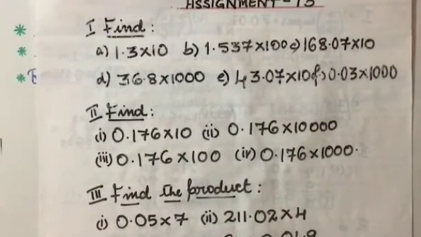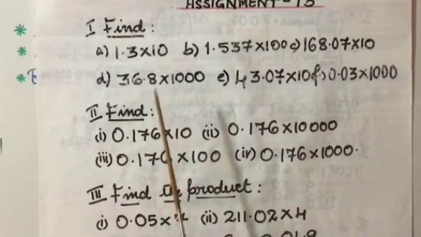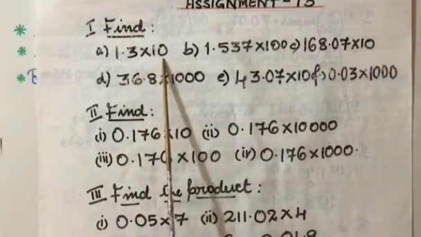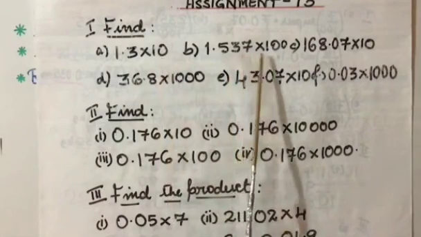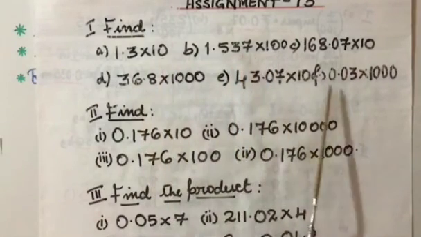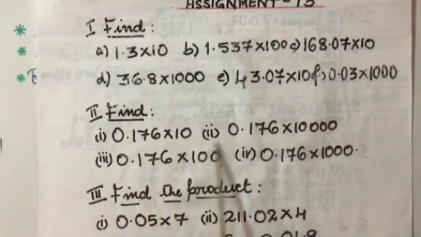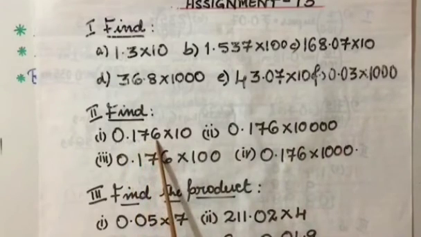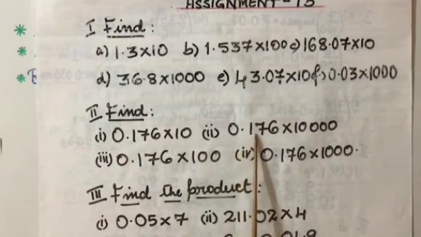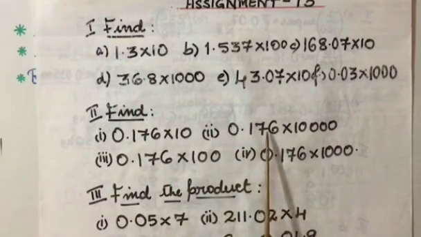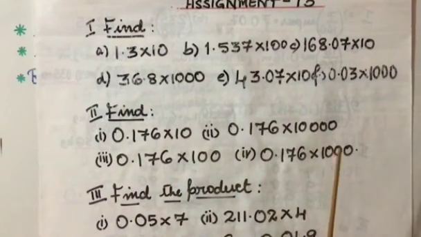You have to find the product of 1.3 into 10, 1.537 into 100. I think all these are quite clear. And then find for the same number with different powers of 10: 0.176 into 10, 100, 1000 and 10,000. The same number is multiplied with different powers of 10. Then see what answers you're going to get.